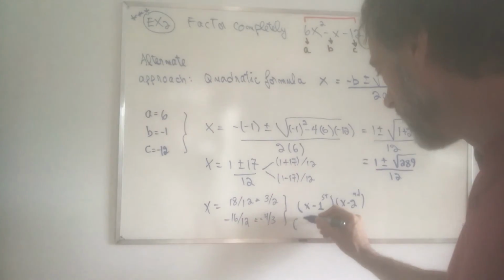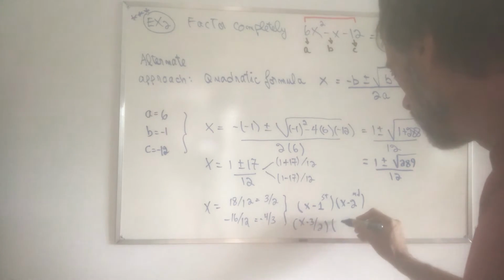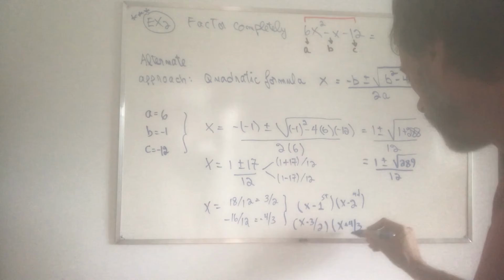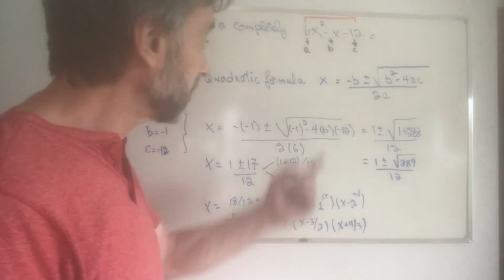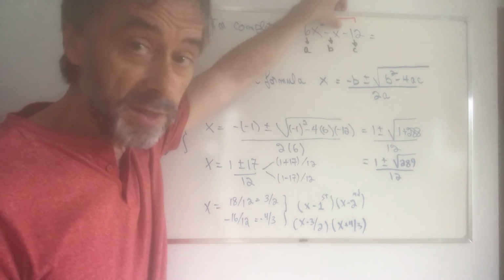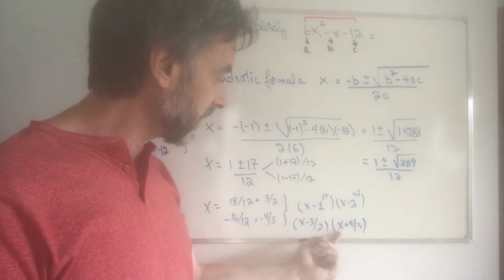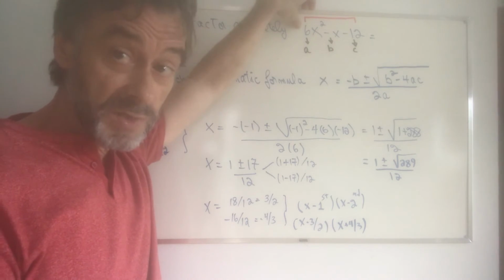What I'm saying is that x minus 3 over 2 times x minus minus 4 over 3, so x plus 4 over 3, is something that actually resembles the original thing. But it's not the same, is it? The coefficient of x times x is 1x squared, while the coefficient here is 6x squared.